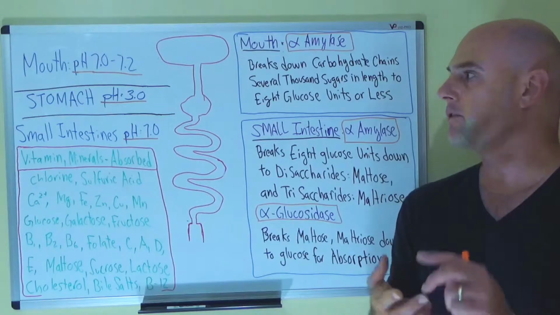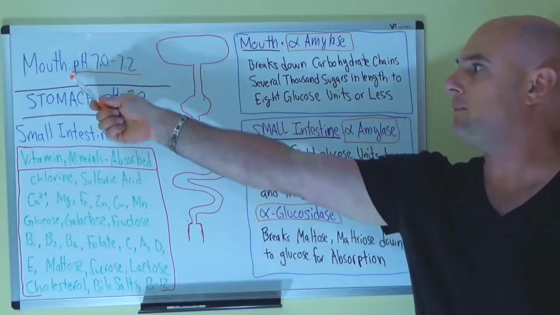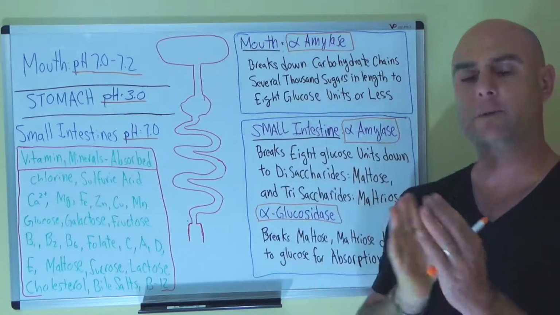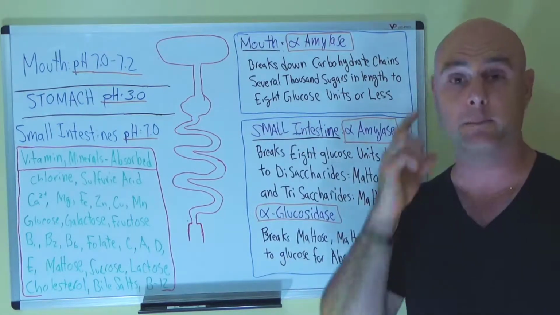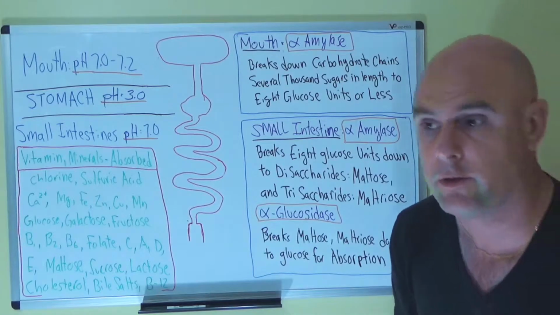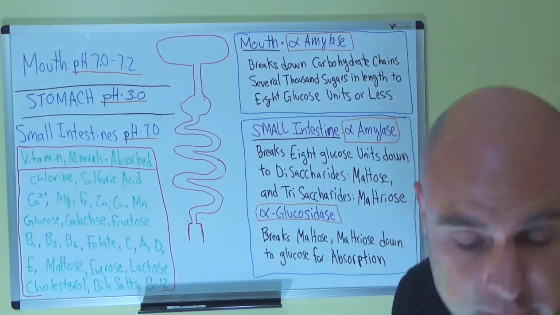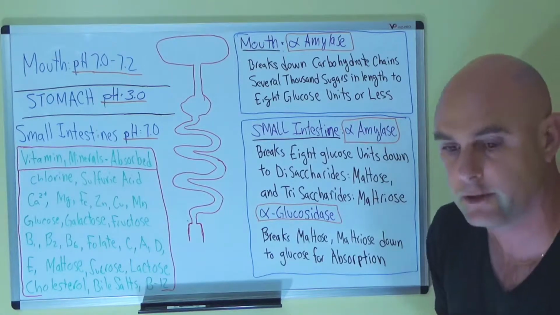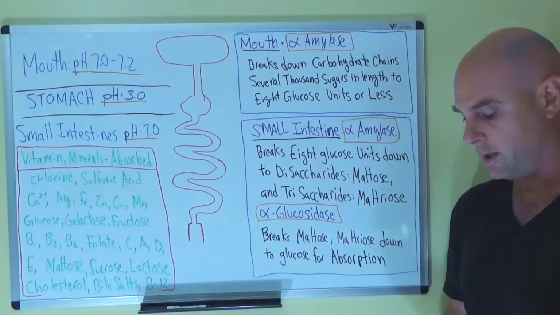So a couple of things to bring up here. A, you want to make sure your pH in your mouth is neutral, about 7, or a little bit even more alkaline. And you can actually test the pH of your mouth with a pH strip. I actually did this before filming this, and it's pretty simple.